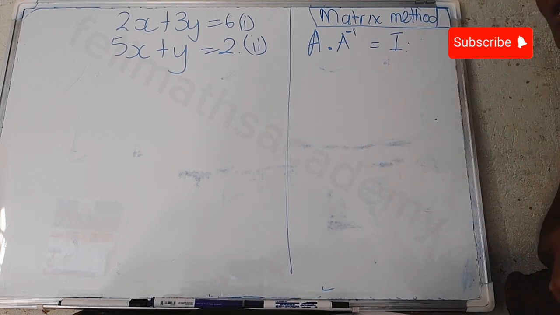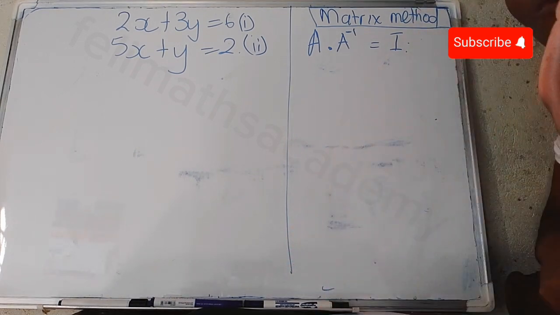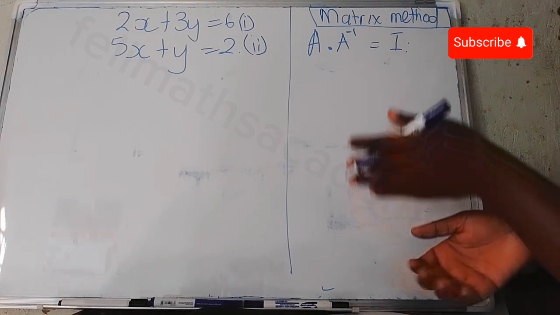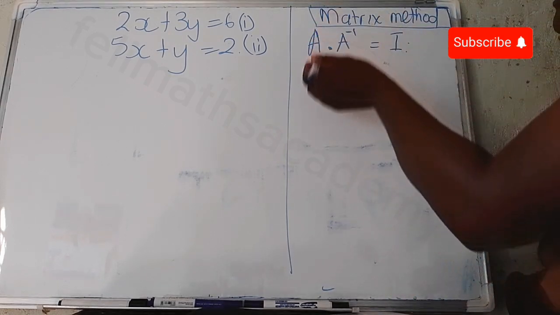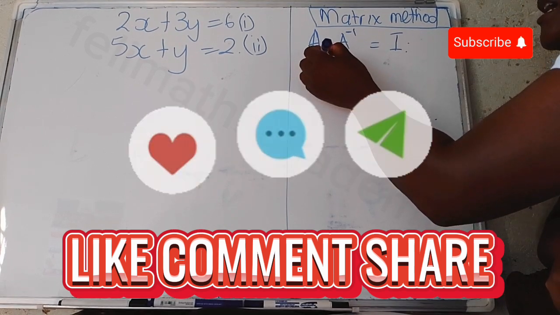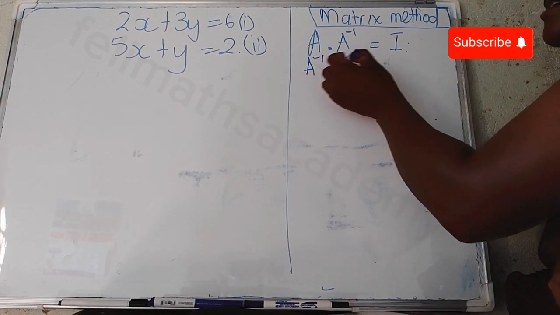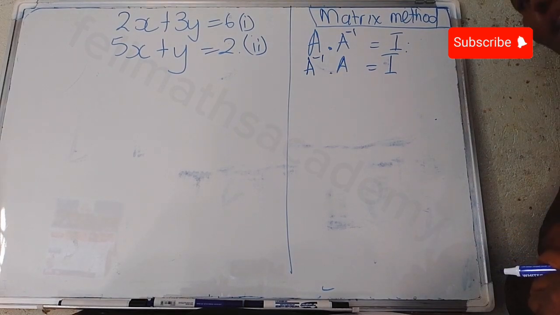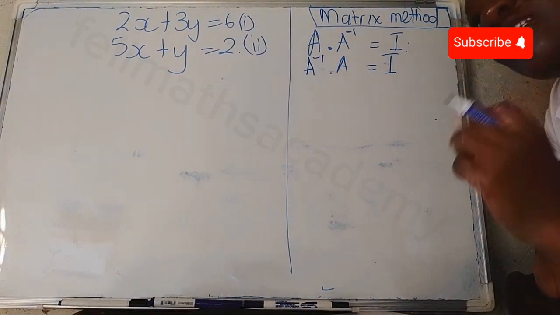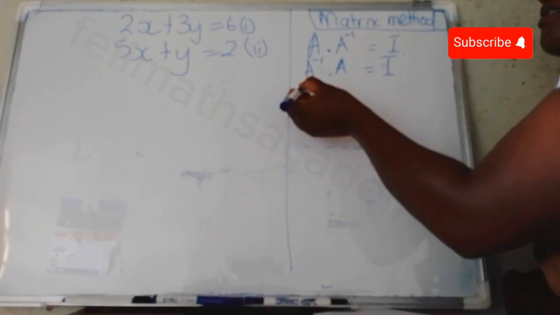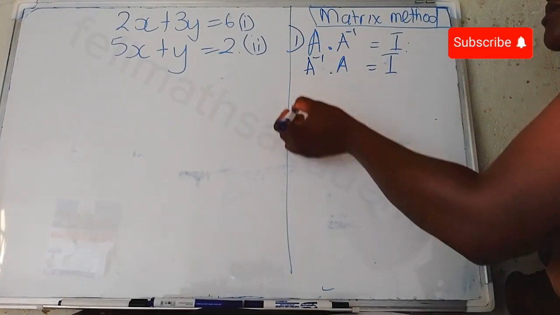So for any matrix, if you multiply a matrix by its inverse, we are going to get an identity matrix. Either way, pre-multiplying or post-multiplying, A inverse times A, it's an identity matrix.